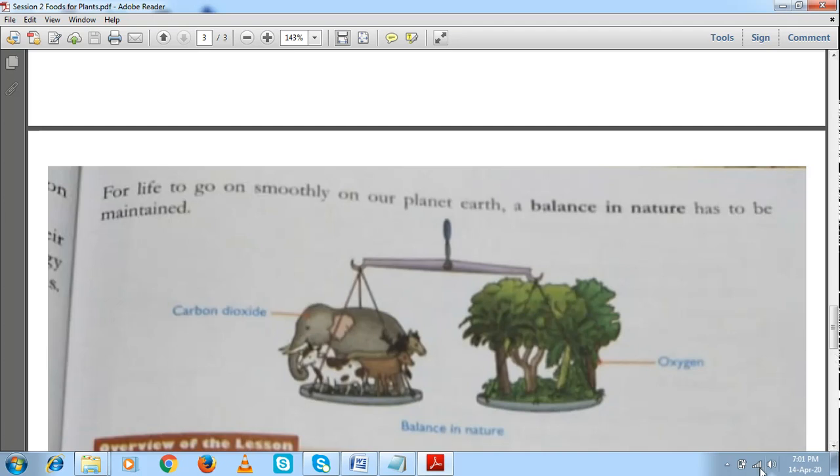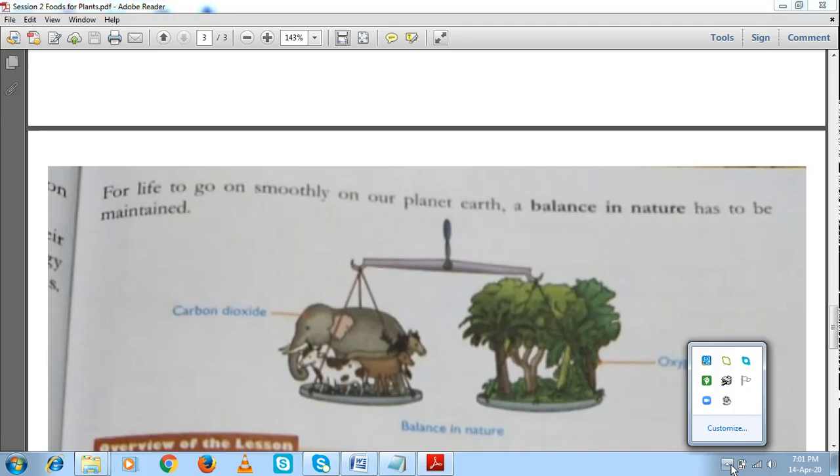So, children, in the end, I would like to conclude that if we need to maintain the balance, you can see a beam balance over here. If we need to maintain this balance, then both sides need to be equal. The oxygen produced should be roughly equal to the carbon dioxide produced by us.